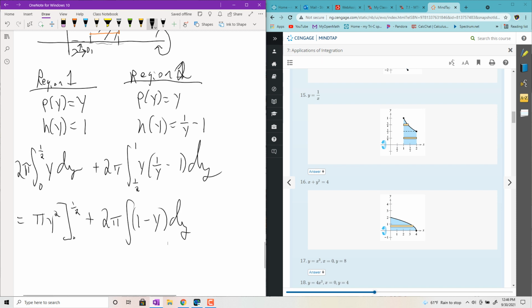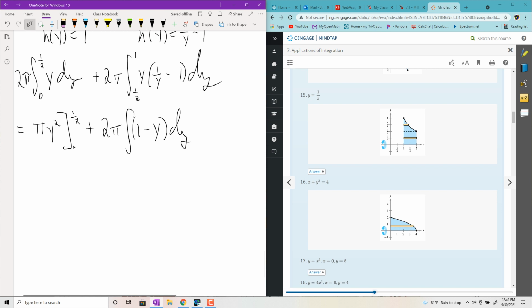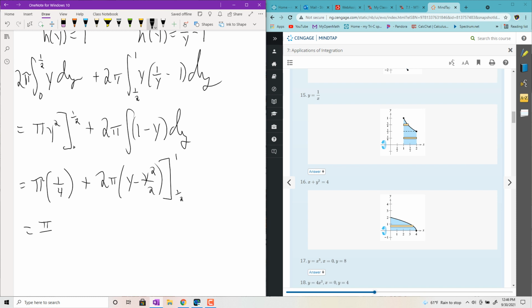So I need to integrate that. Doing some integration here, factoring out the pi from the antiderivative, you're going to get 1/4 minus 0, so just 1/4. The second integral then is going to be y minus y squared over 2 from 1/2 to 1. So I get pi over 4 plus 2 pi times 1 minus 1/2, and then minus 1/2 minus 1/8.